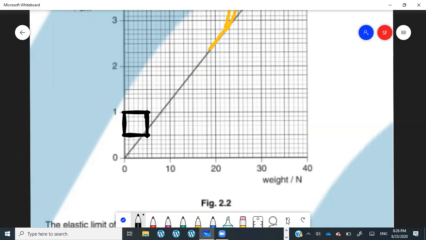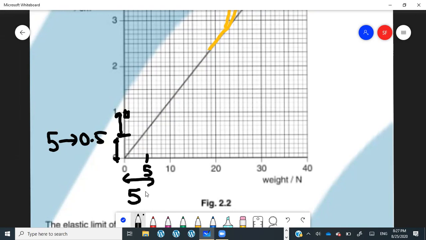Okay, wait. Counting the boxes, it's more like this, 1 centimeter against 1 centimeter. So 1, 2, 3, 4, 5. If you're counting, 5 boxes are representing 0.5 centimeters. If you look at this graph, 5 boxes represent 0.5 in this graph, and on the x-axis, it's again 5 boxes, but this time 5 boxes representing 5 Newton.